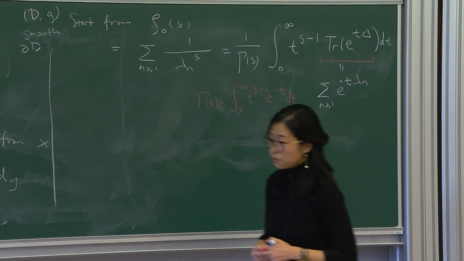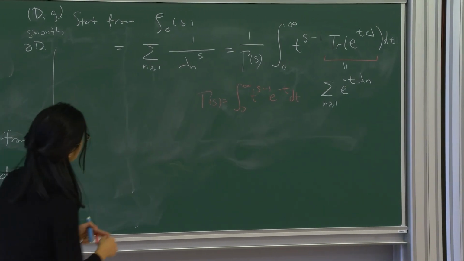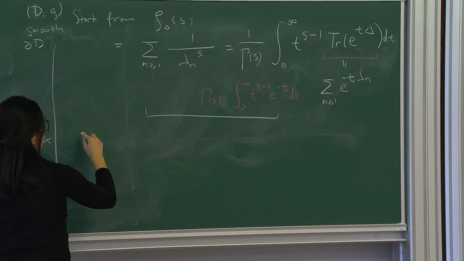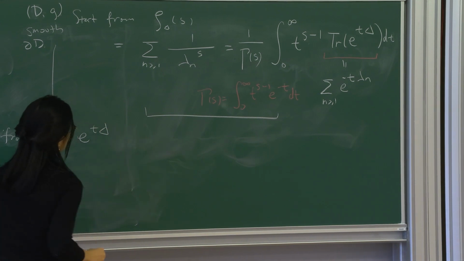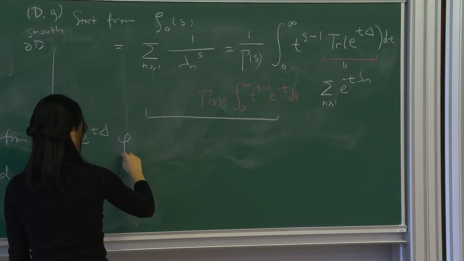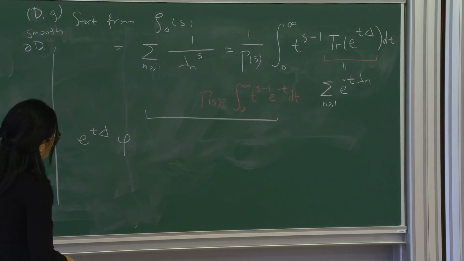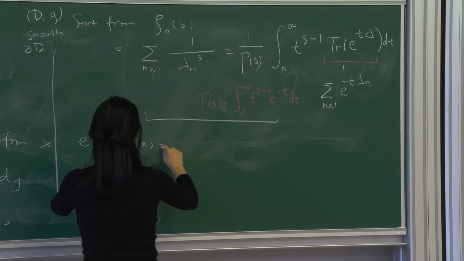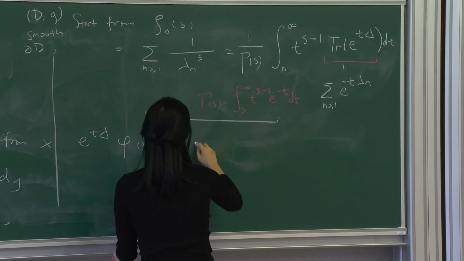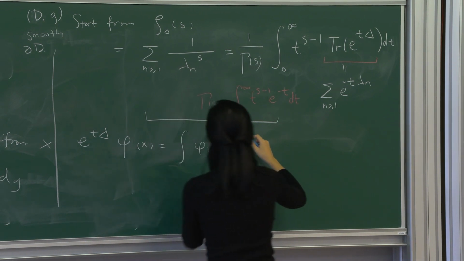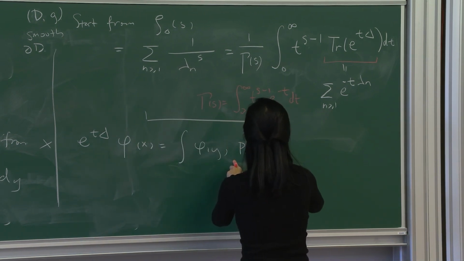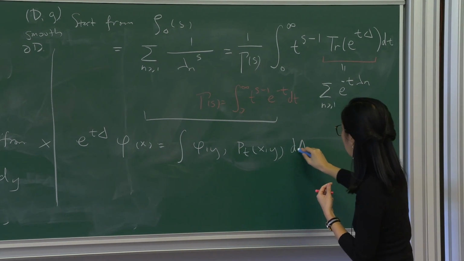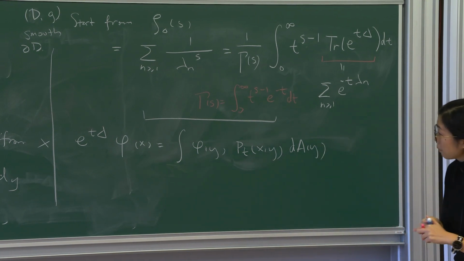Okay, what is this exponential of t Laplacian? So the exponential of t times the Laplacian, if I apply it to a test function, so it acts on the space of test functions, this has to be equal to the integral of phi of y times p_t of x, y dy.